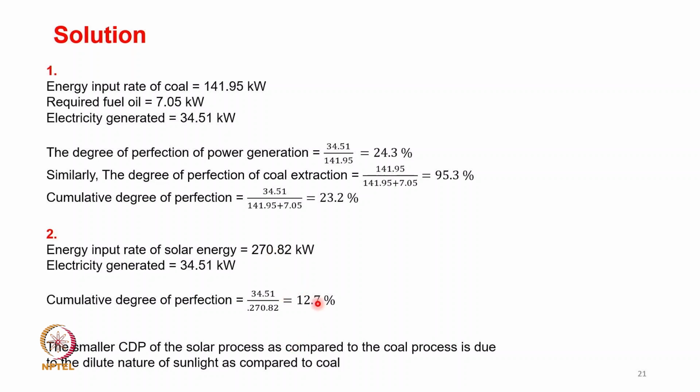What you can see here is that the cumulative degree of perfection is low, as anticipated. This is because the process is highly dependent upon the dilute nature of the sunlight, or seasonality, compared to coal, which is a definite energy resource.